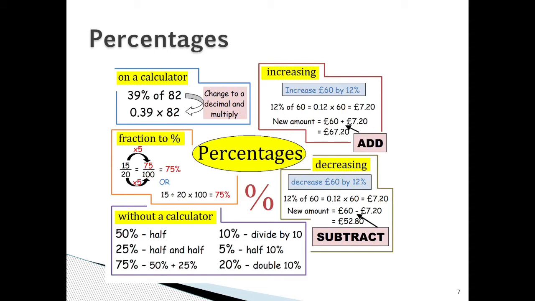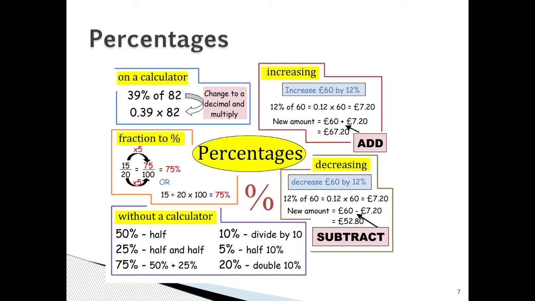If you're not using a calculator and you want to calculate 50% of something, it's half of it. If you want to calculate 25% of the number, it's half and then half again. If you want to calculate 75% of a number, you calculate 50% of it, which is half, and then the second half, the 25%, and you add the two together.